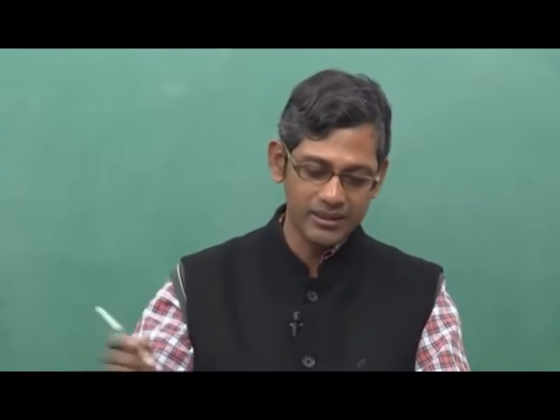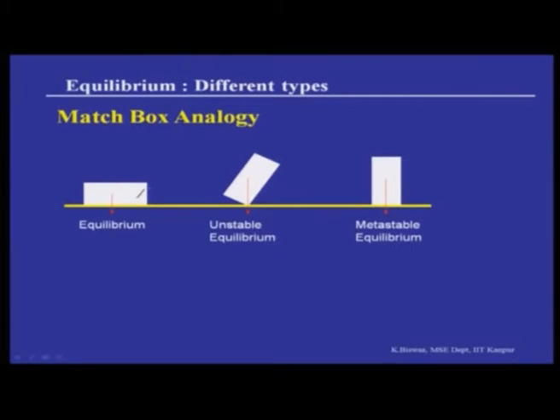Now if I take the matchbox and keep it like this, the first one where I have marked it, with the wide face down, then we call this configuration the mechanical equilibrium configuration. Why? Because in this configuration the potential and kinetic energy of all the atoms in the matchbox is at the minimum. That is why it is called equilibrium. You cannot reduce the energy of the system below that.